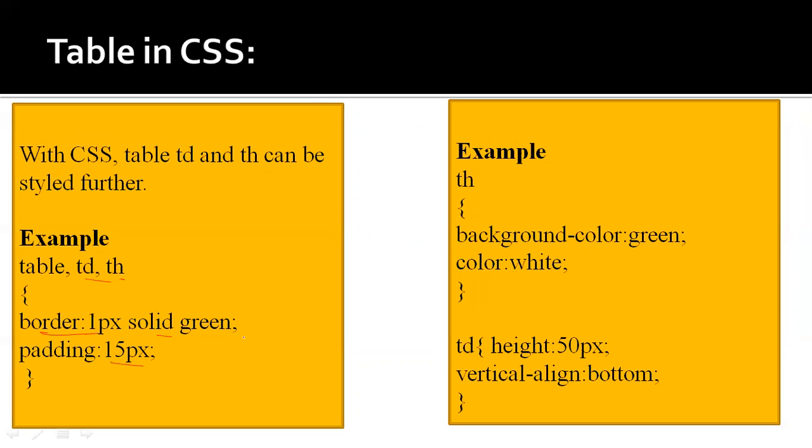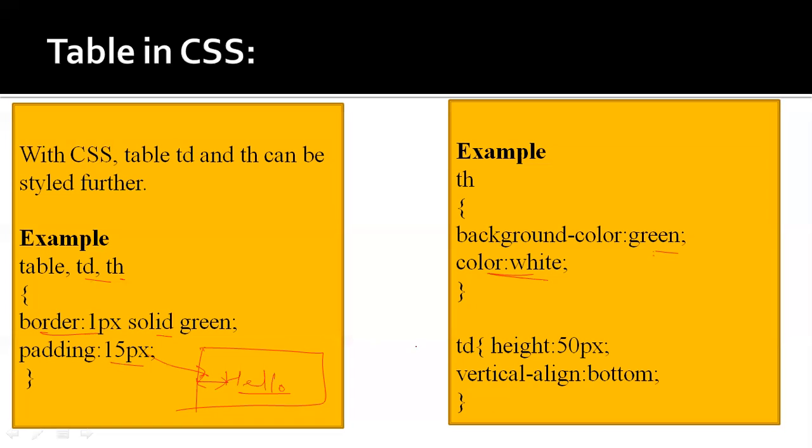It means the distance between the text and the cell wall is 15 pixels. If I write TH, table heading, background color colon green, it means the background color of the table heading will be green and the color of the text will be white.